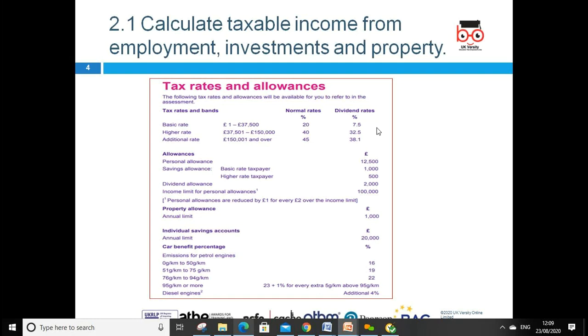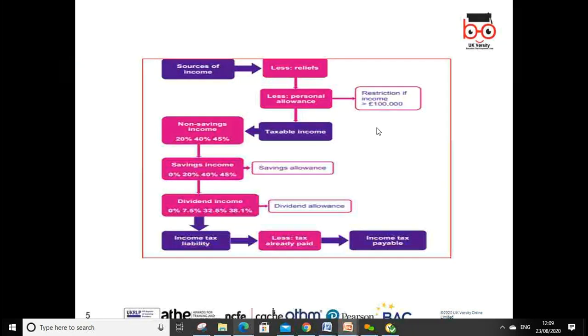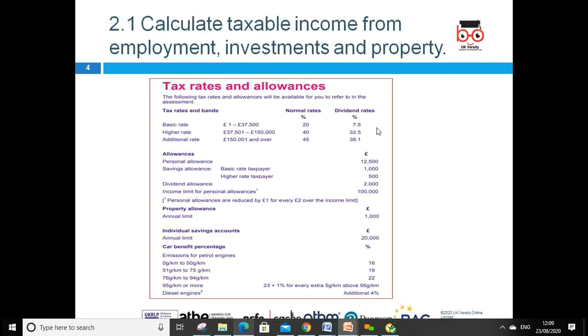Another thing: if you're earning more than 100,000, your personal allowance of 12,500 is reduced. For anything more than 100,000, you divide it by 2, and your personal allowance will be reduced accordingly. Okay, that's it. So now we'll apply 2.1, calculate the tax from employment, investment and property income.